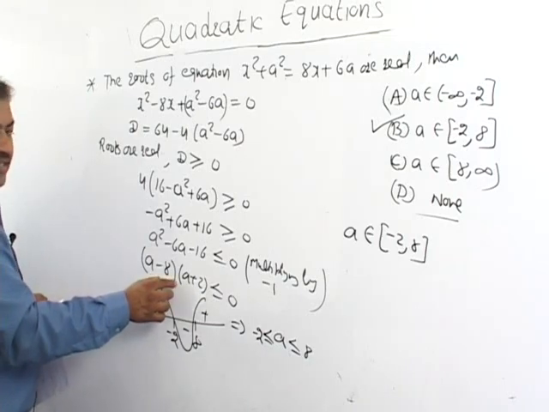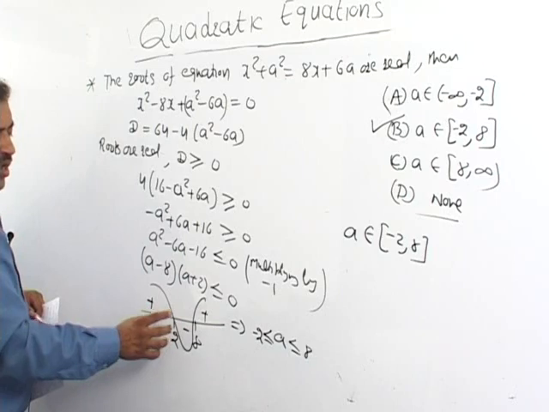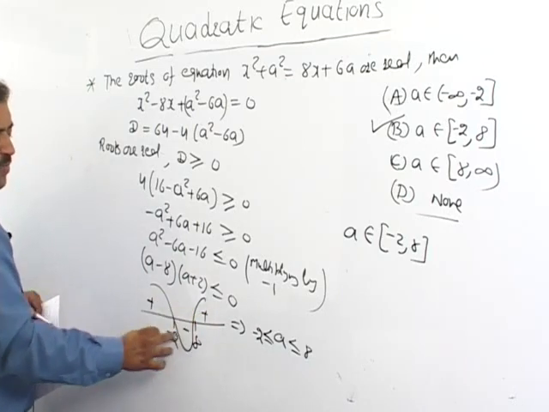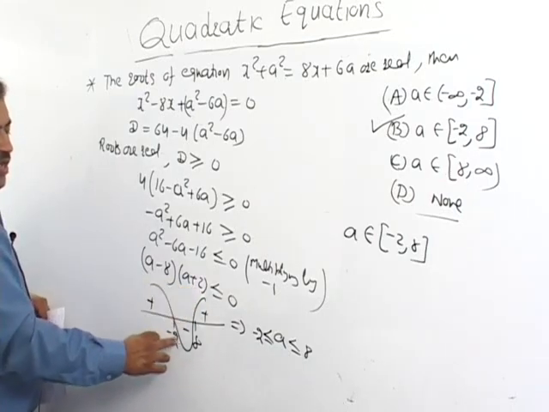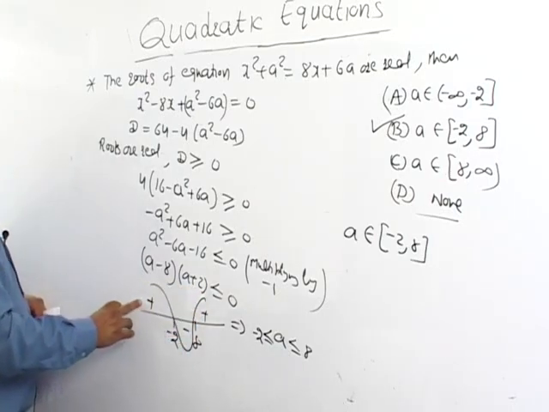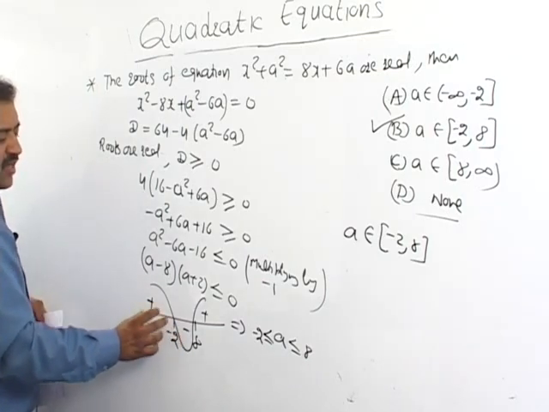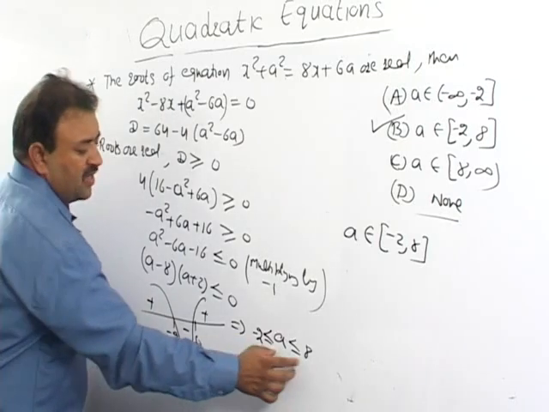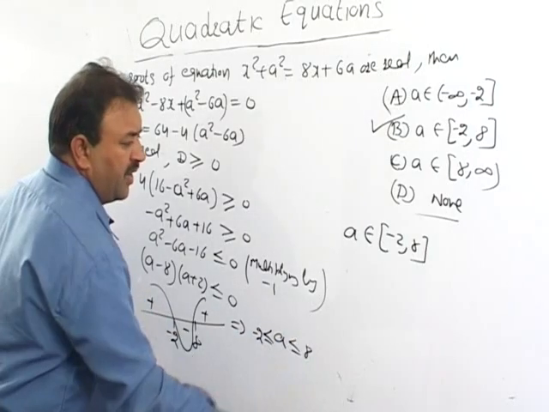Now we make the factors (a minus 8)(a plus 2) less than 0. We draw a number line again and use the wavy curve method. We represent the points minus 2 and 8, and we get positive, negative, positive. We want this expression to be negative, so the value of a should be from minus 2 to 8. So the right option is minus 2 to 8.